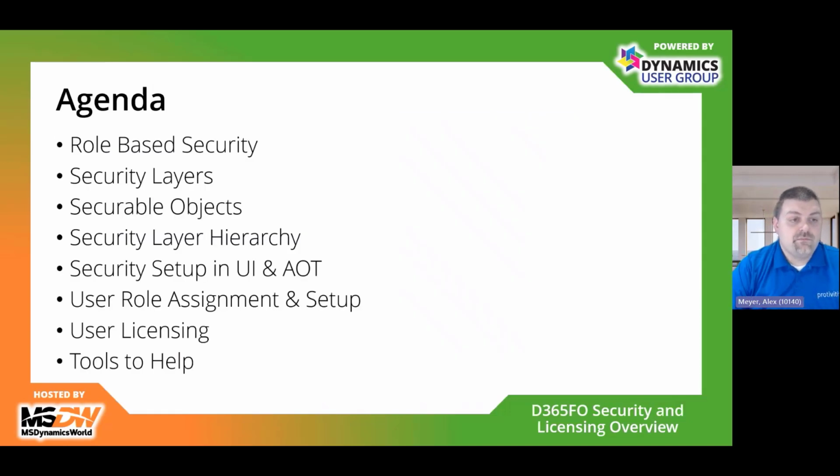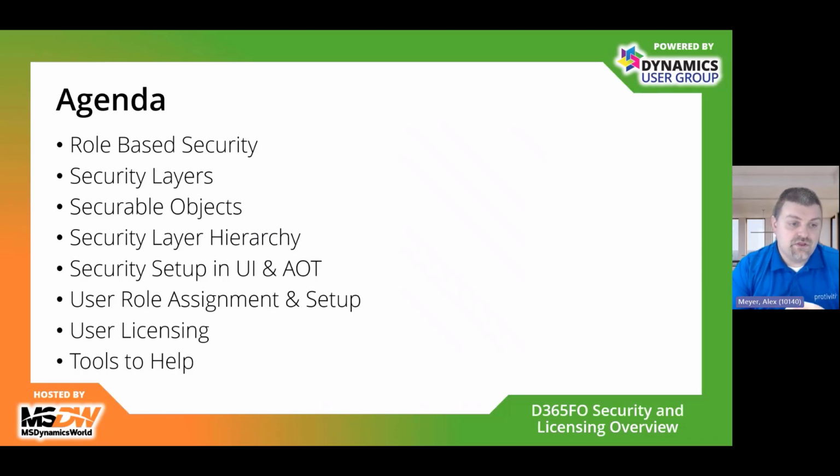A quick agenda about the webinar today, what we're going to be covering. We're going to look at the role-based security architecture that exists within D365 F&O. We're going to break that down a little bit further into security layers and the securable objects that exist in the system. And then we're going to look at the hierarchy of the security layers and how those build on top of each other. We're going to look at how you can set up security from the user interface and the AOT, or the back end or code side.